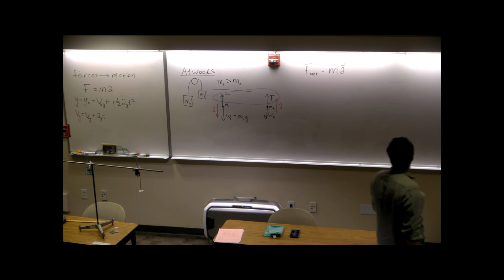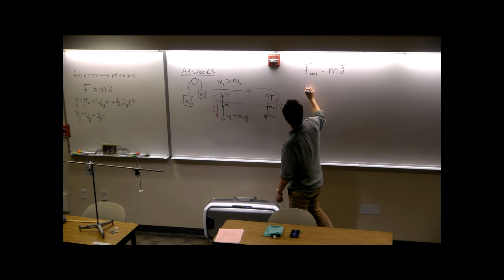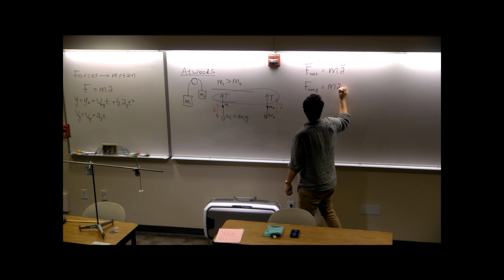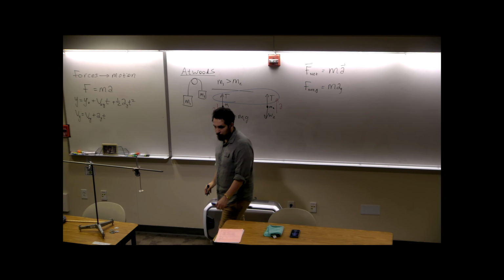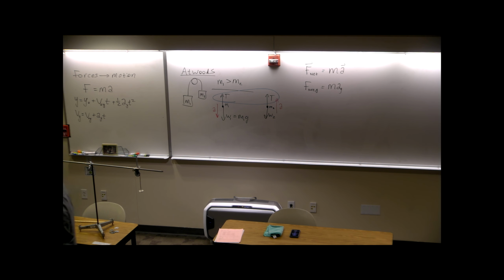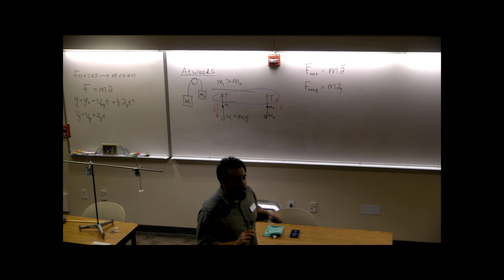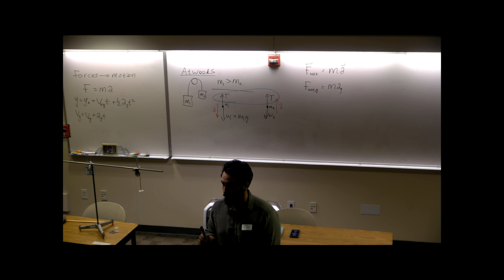So this tells us that our net force in the y direction is equal to mass times acceleration in the y direction. And you can apply Newton's laws both vertically and horizontally once per every free body diagram. We have two free body diagrams here, so we can apply it 2 times.